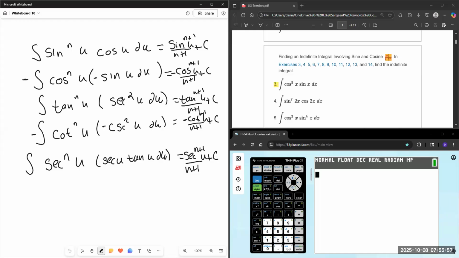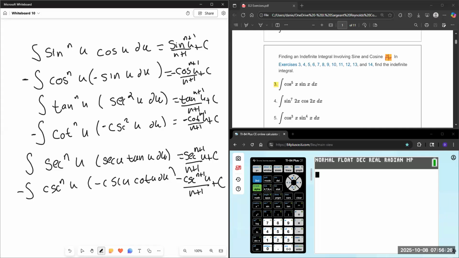Cosecant to the n u, cosecant u cotangent u du, negative is cosecant n plus 1 u over n plus 1 plus c. Those are our basic forms that we're going for in this section.